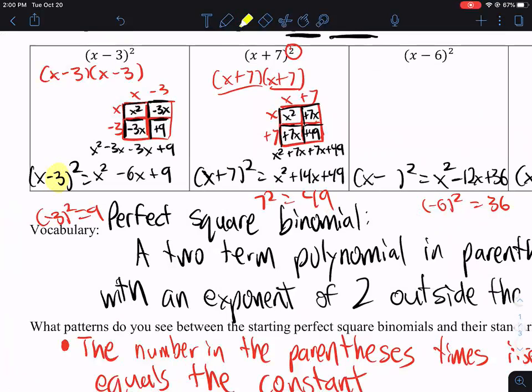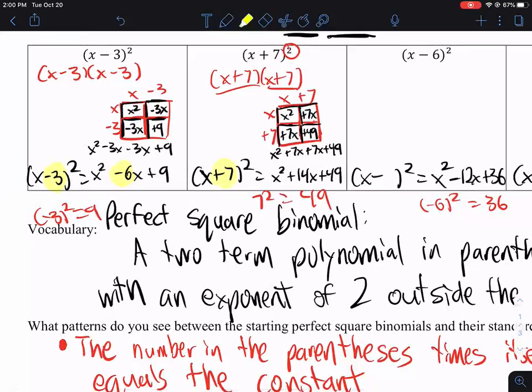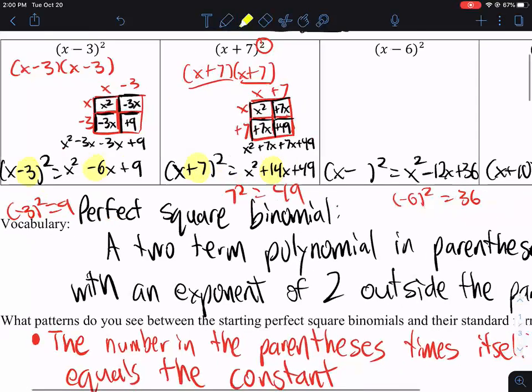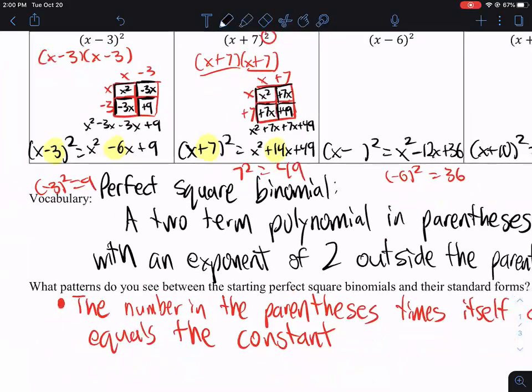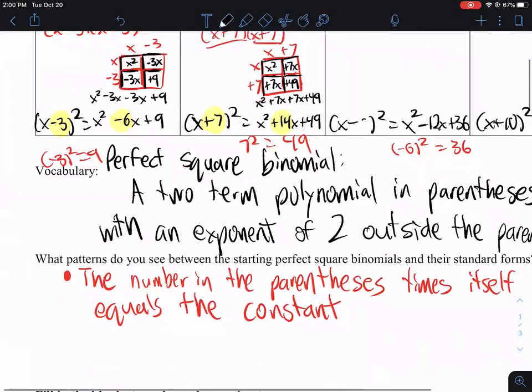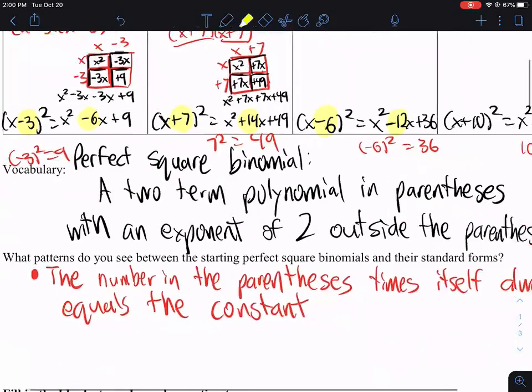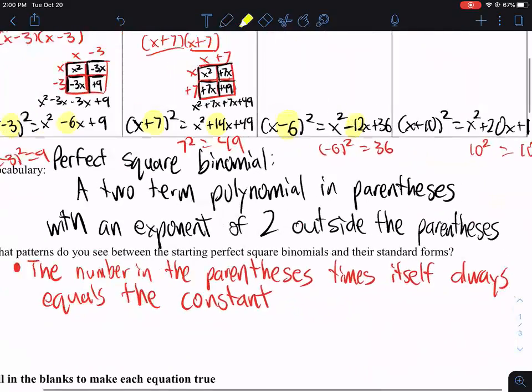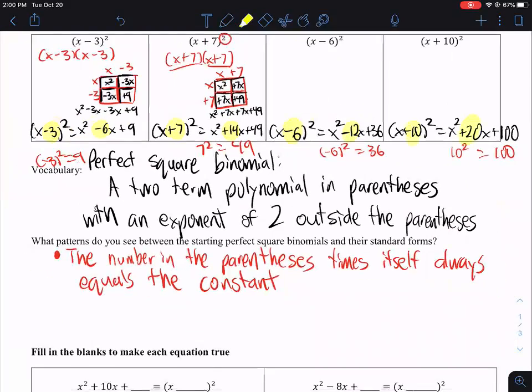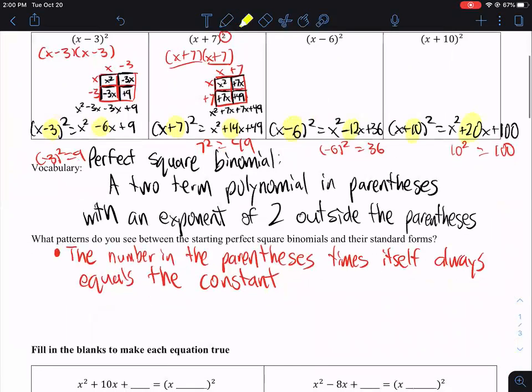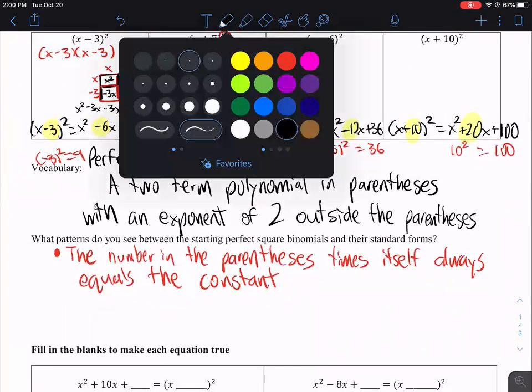So -3 times 2 equals -6, right? And +7 times 2 is +14. Sorry, I erased too much. This was originally 6. Okay, so -6 times 2 is -12, and +10 times 2 is 20. Okay, so great. That's another important pattern.